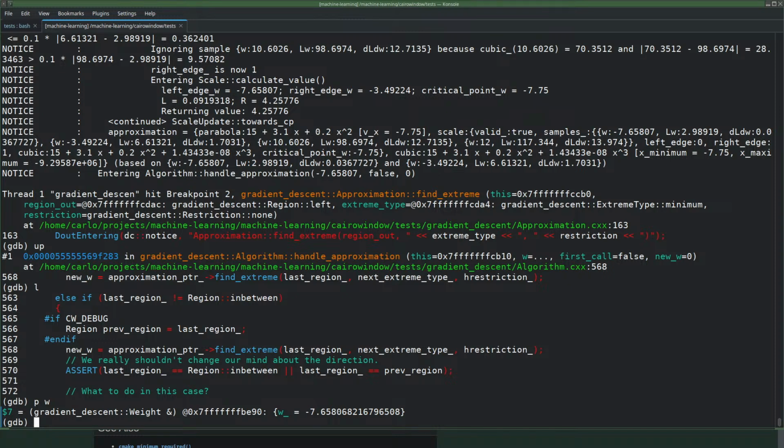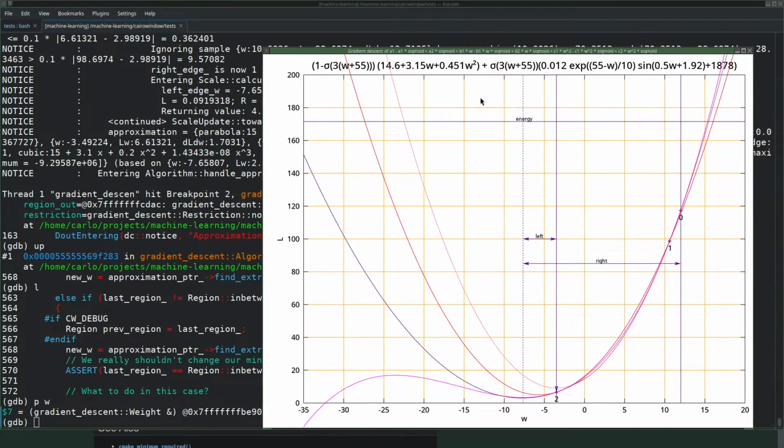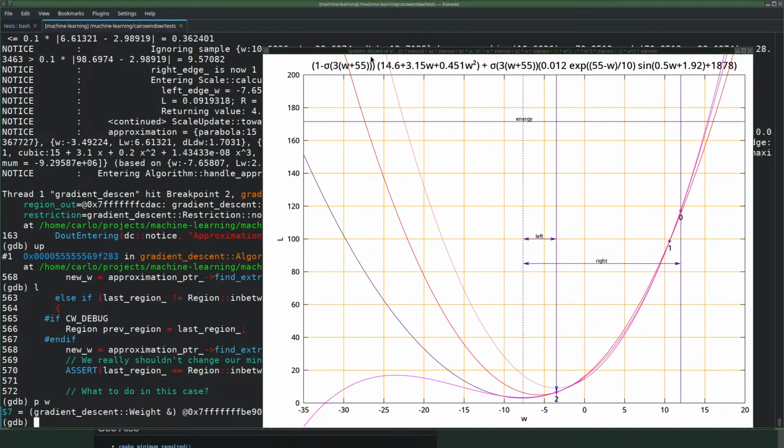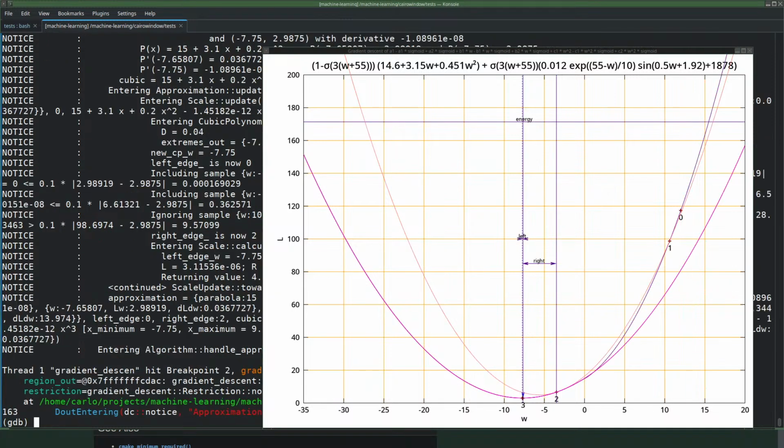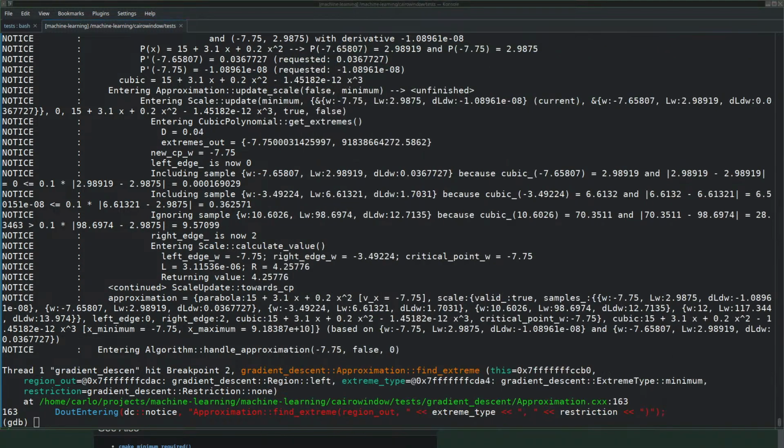I have a W here. Okay, so the moment that this is minus 7.65... Damn it. Oh, type 2 spaces. Continue. Find extreme.